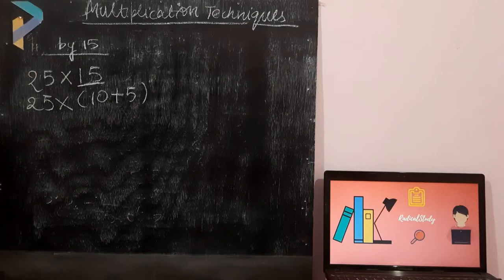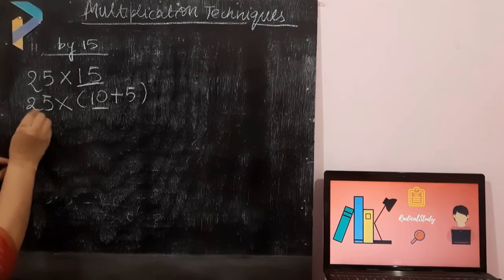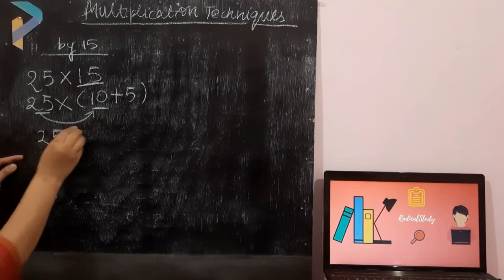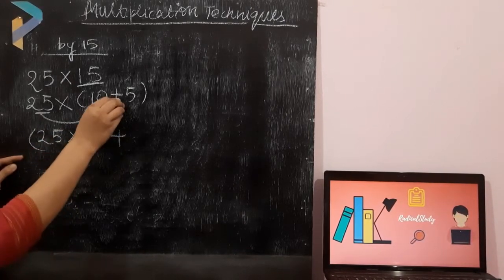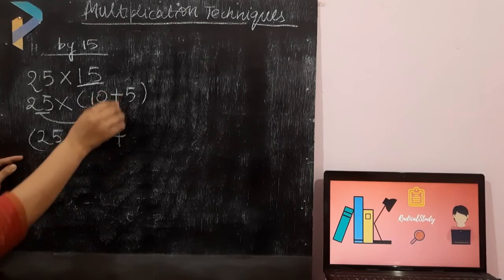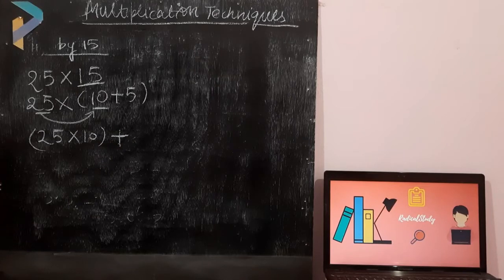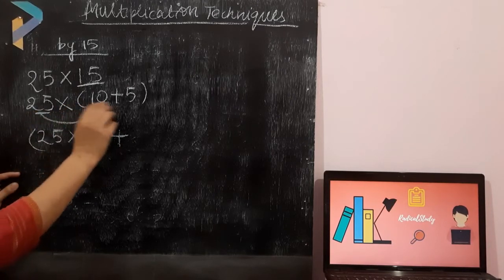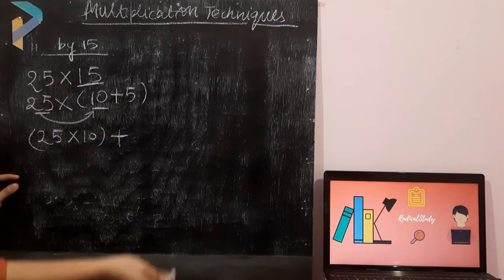So we first multiply the number by 10. This 25 is going to be multiplied by 10. As you can see there is an addition sign, and I have kept that addition sign here. In class 4 also I explained this: whenever we multiply a single number by the numbers in a bracket, that same number is multiplied by every number in the bracket.